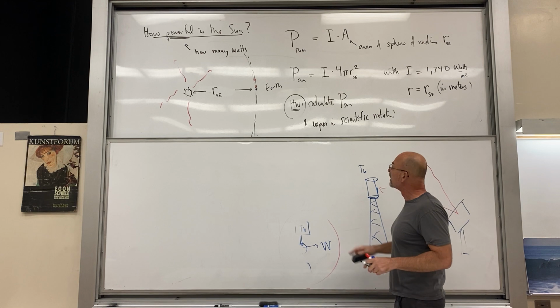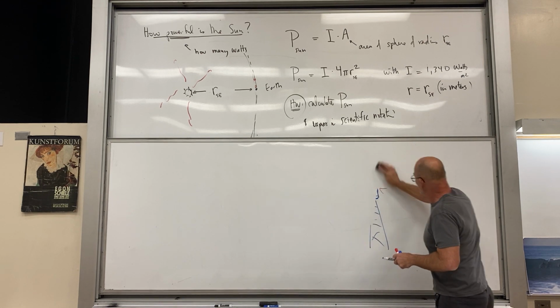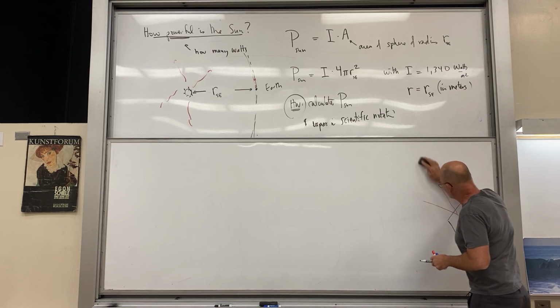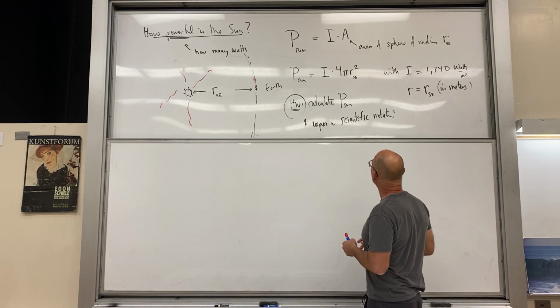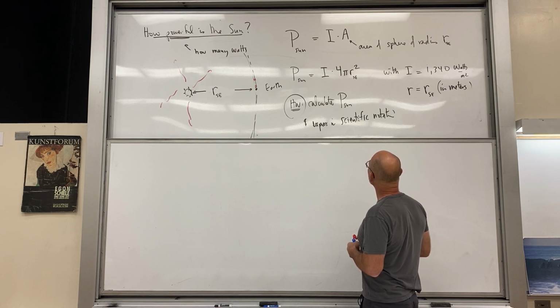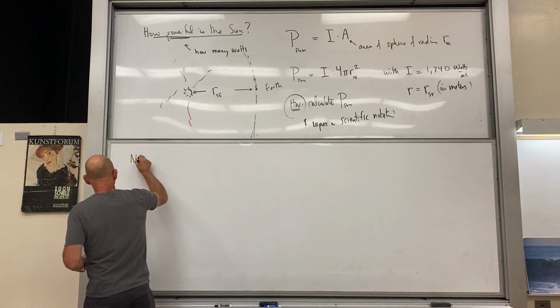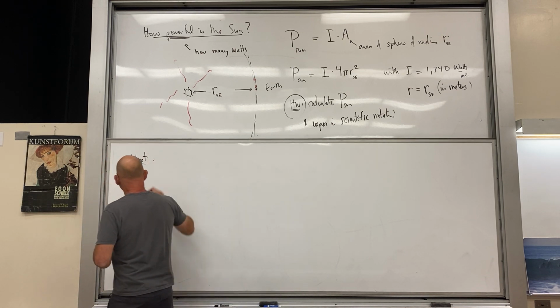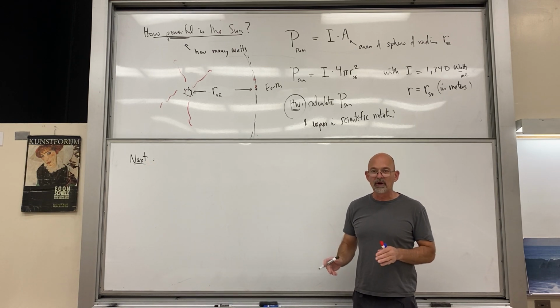That's an awful lot of watts, and the energy has to come from somewhere. So after we figure out the power of the sun, we're going to answer a different question. That was power of the sun. Next here, how long would the sun continue burning?